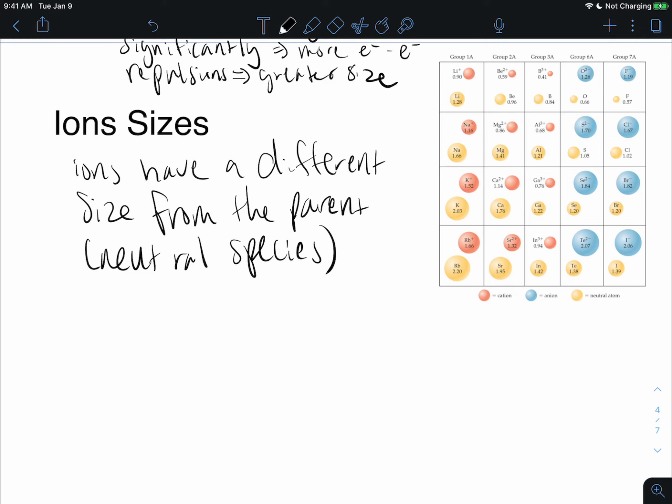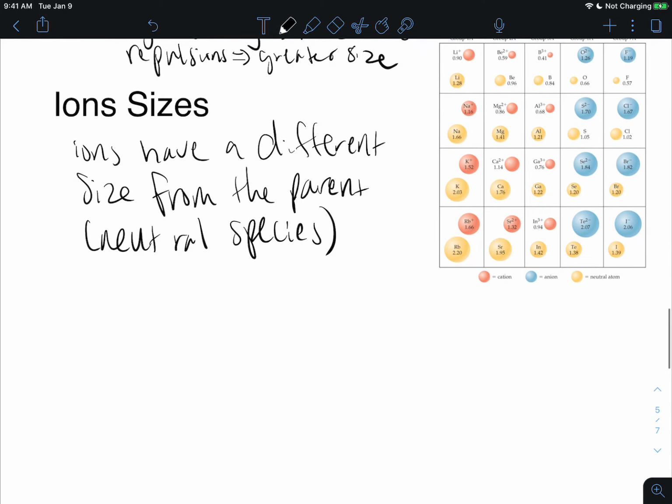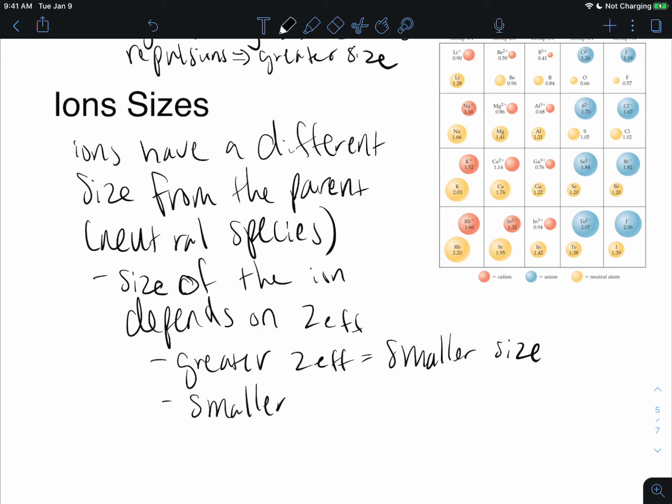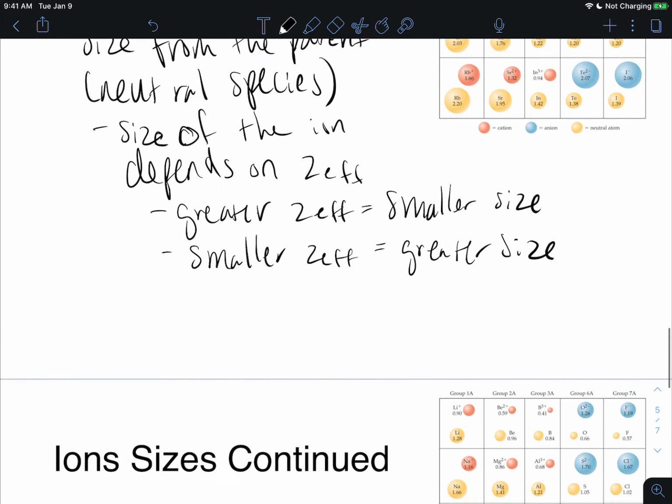If we decrease our effective nuclear charge, we're going to increase our size. So the size of the ion depends on our Z effective. Greater Z effective, smaller size. Smaller Z effective, greater size. And we're comparing directly to our parent atom, so it should be pretty easy.